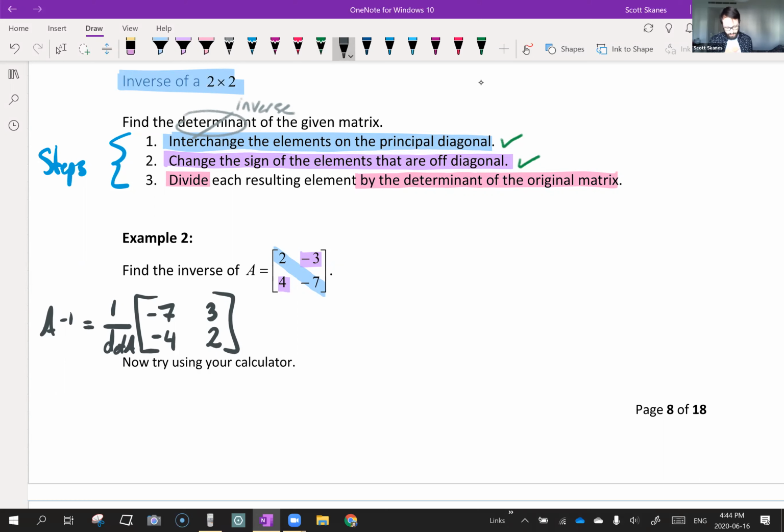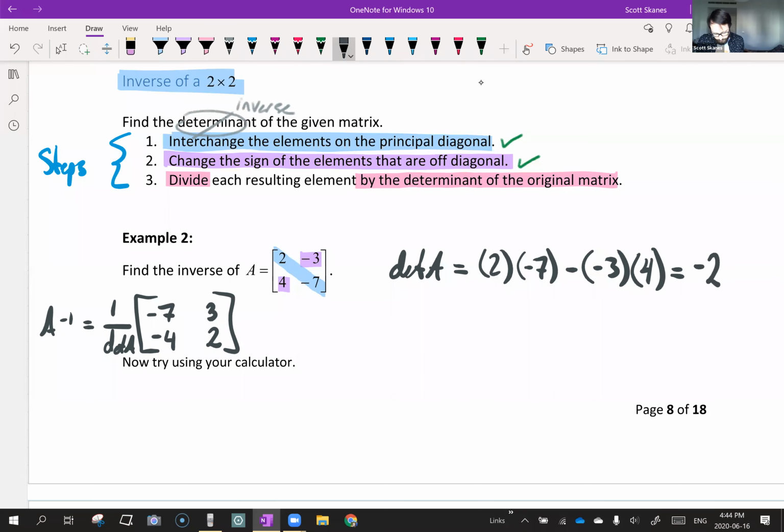All right, do you remember how to get the determinant? Let's just do this up here. The determinant of A is going to be 2 times -7 minus -3 times 4. That was that easy thing we did first that no one had any trouble with. So you still don't have trouble with it now, I'm sure. If you multiply those out, you'll have a -2.